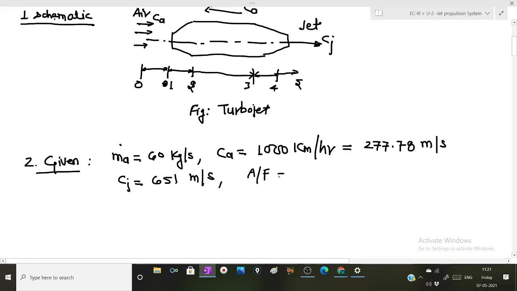Air fuel ratio is given. It is nothing but mass flow rate of air to the mass flow rate of fuel, 70:1.